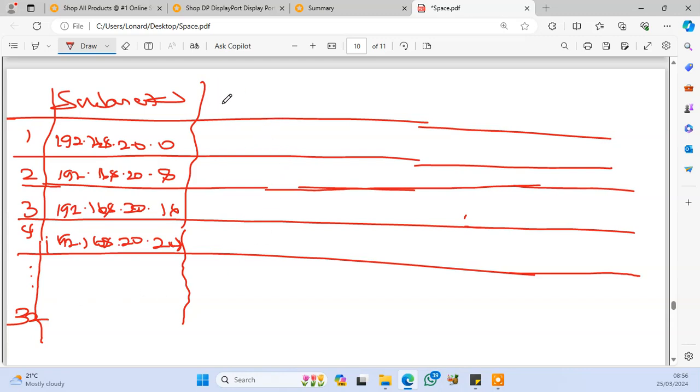So here we need the range: the first address, then the last address, then the broadcast.